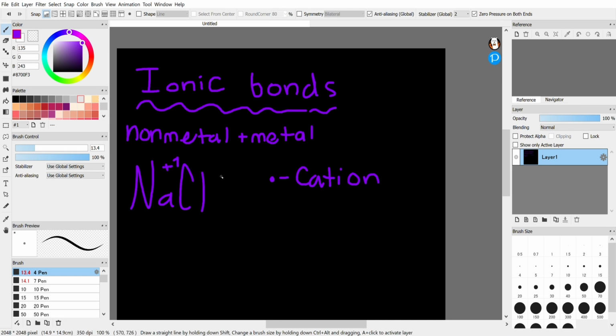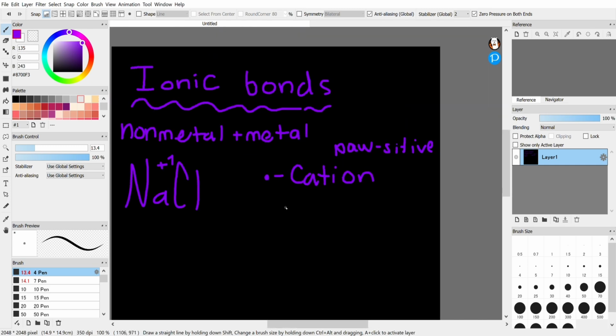So the way you can remember this is cat-ions are positive, right? I know, terrible pun, but it's a great way to remember it. And then we have a cation, and then we have an anion, which is the negatively charged ion.